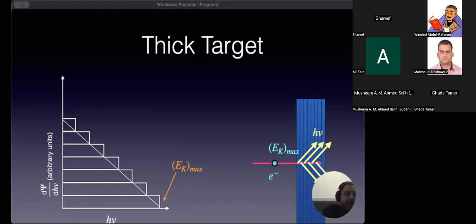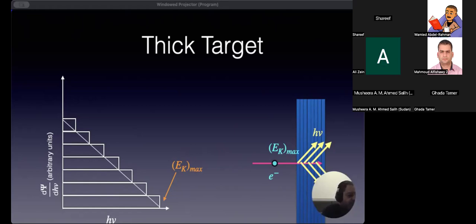So that's the energy fluence of these photons. Now, as the electron moves to the next layer, it's going to lose energy. This energy is going to be lost either through collisional interactions, which we're going to talk about when we deal with interactions of electrons, or through the Bremsstrahlung that is emitted. But the point is, as this electron reaches the second layer, its energy decreases a little bit.